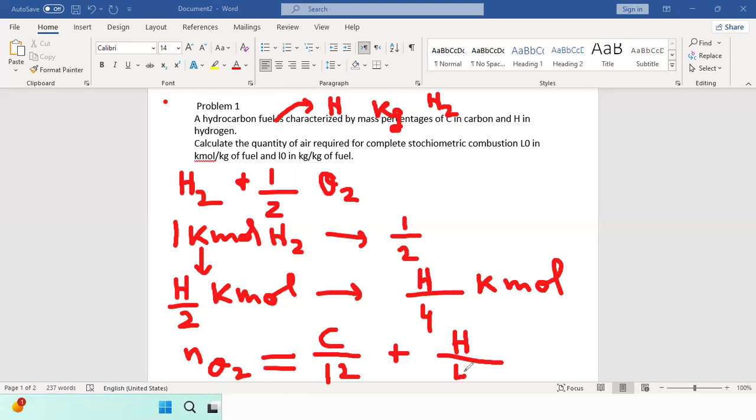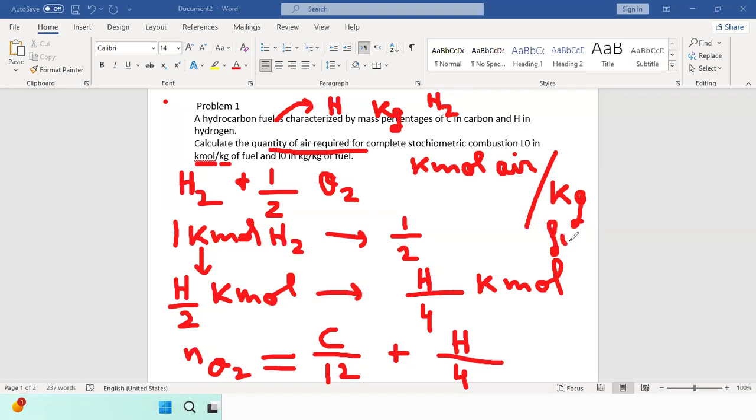Now, in this problem, they want us to calculate the quantity of air required in kilomole of air per kilogram of fuel, okay? So to be able to determine the quantity of kilomole of air per kilogram of fuel, we need to know what is the percentage of O2 in air.